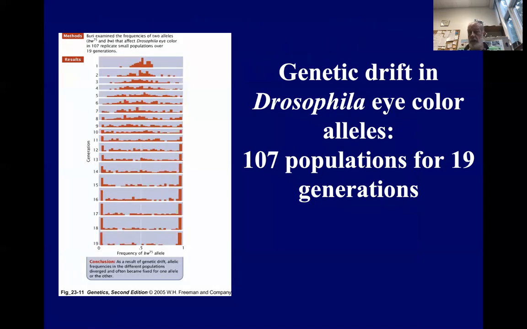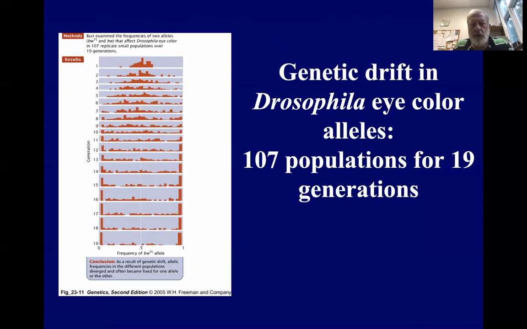Here's a neat experiment where they took fruit flies, and they had 107 populations, and they raised them for 19 generations. So at the top there, you can see the allele frequencies are mostly clustered in the middle, right around 0.5.